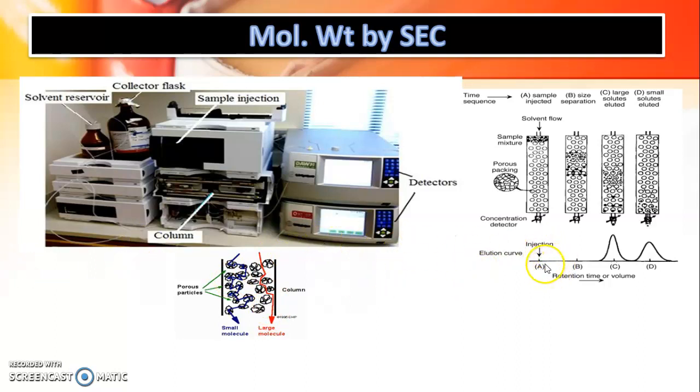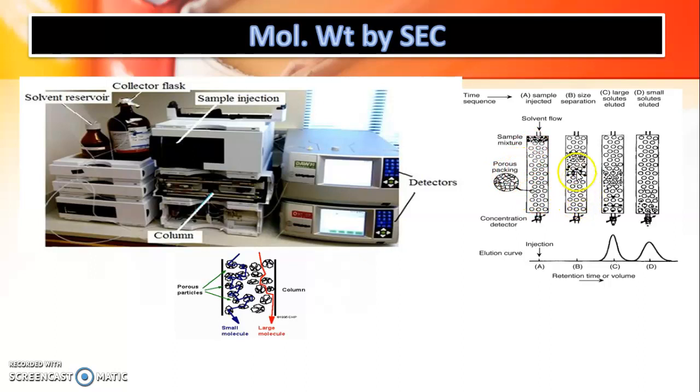A is the injection time, when the material starts to be injected and passes into the column. This is the illustration for the injection, which is the beginning of the process. The solvent flow is injected into the column, and the solvent together with the sample will flow through the porous packing beads, the silica beads.